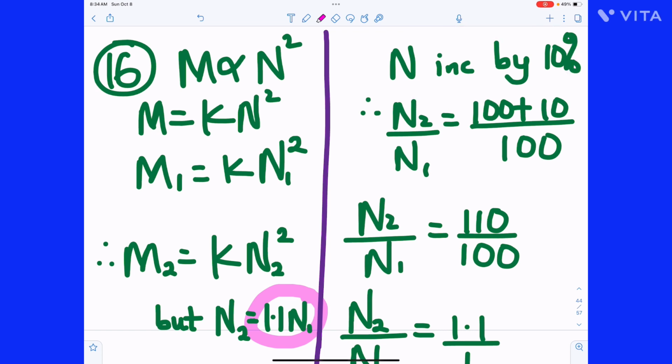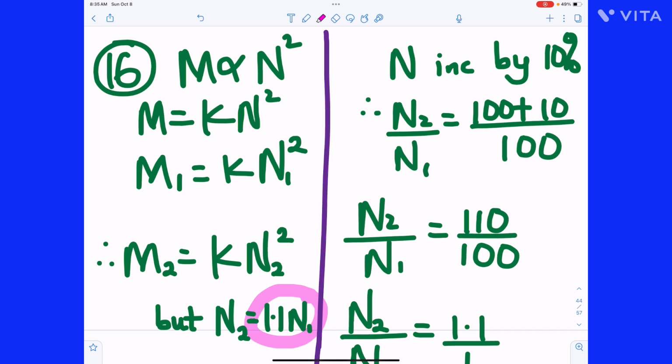So the ratio of the new n to the original n will be 100 plus 10 over 100. When something increases by 10%, this is the ratio of the new one to the old one, or to the original one.